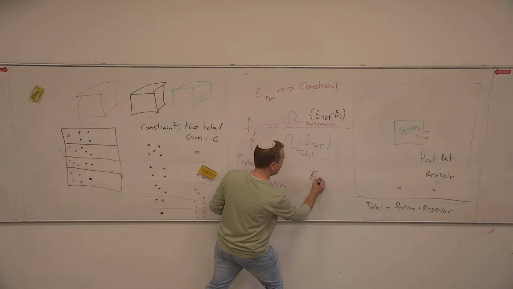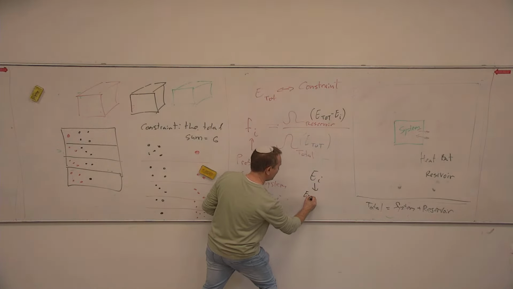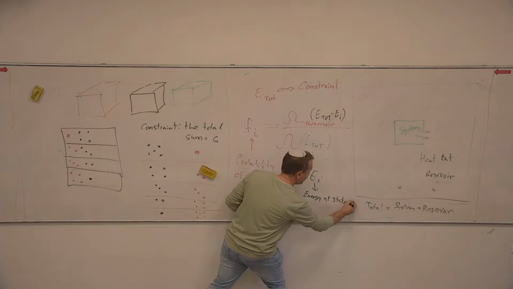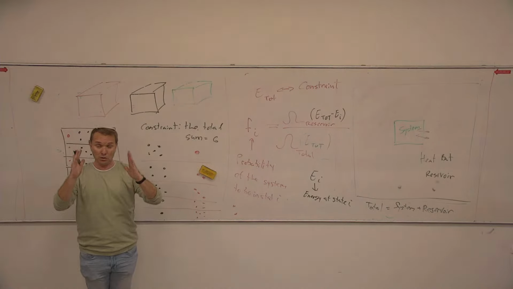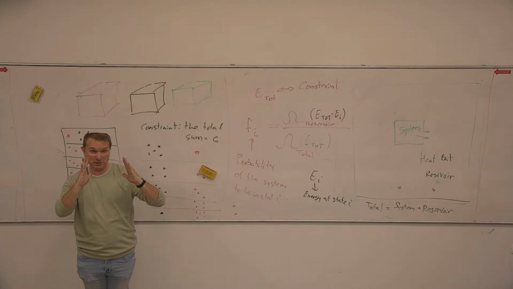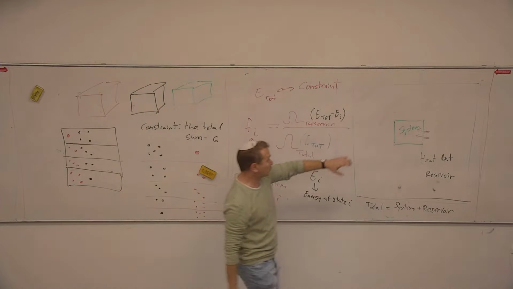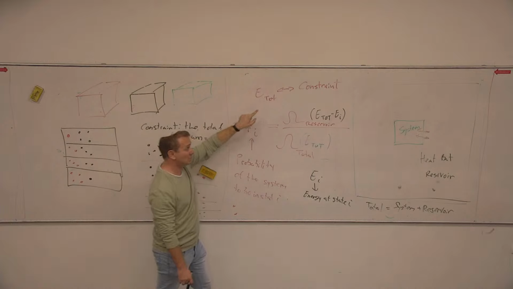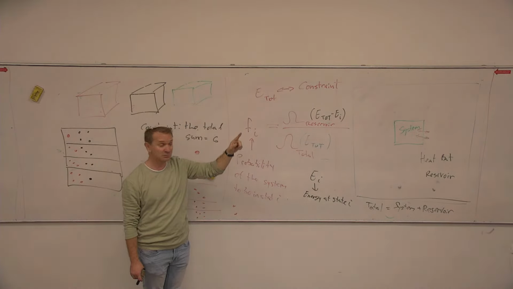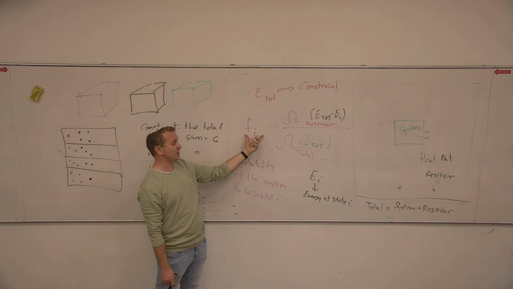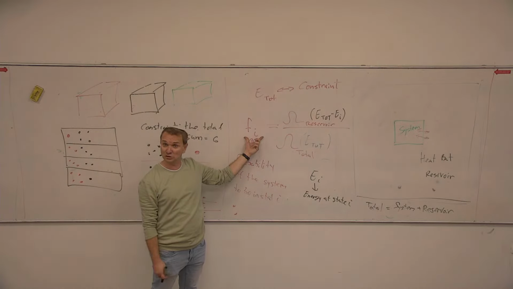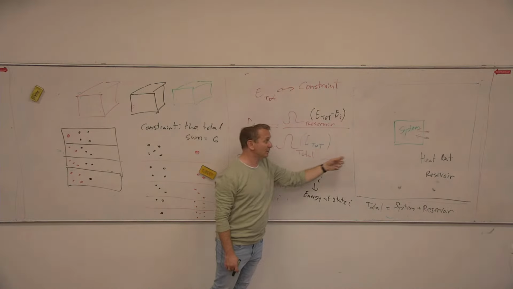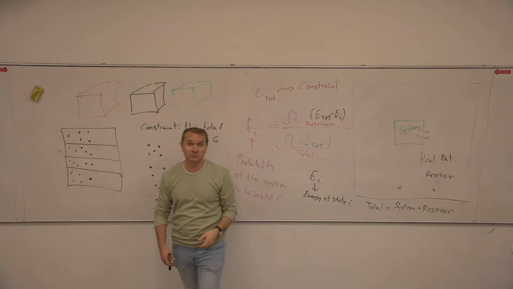So EI is the energy at state I. So I'm looking at a very specific state with very specific energy. Great. But for this very specific state with very specific energy, due to the constraint, the heat reservoir can have many states. How do you find the probability? You assume this homogeneous assumption, and you say, well, I count the number of states for the reservoir, and I divide it by the total number of states of the system. That's it.